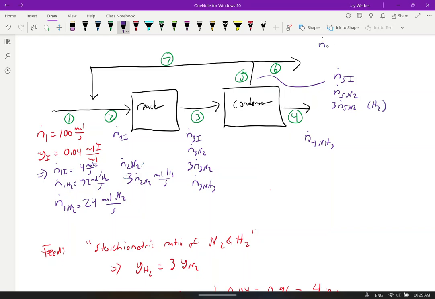And we have the same thing in stream 6, and in stream 7.